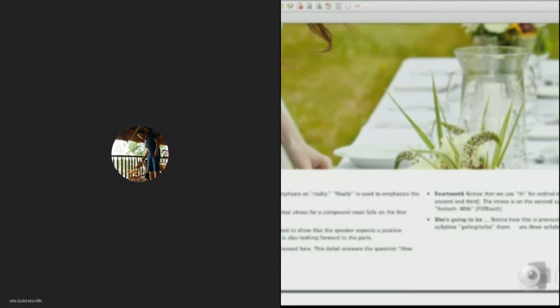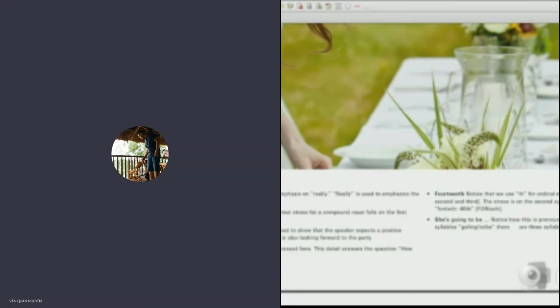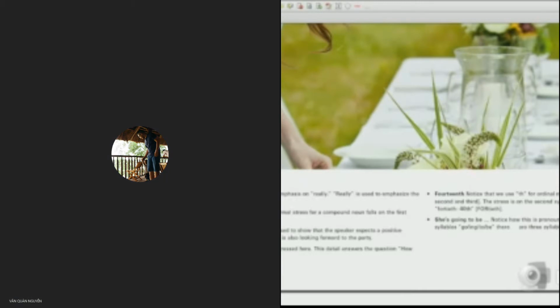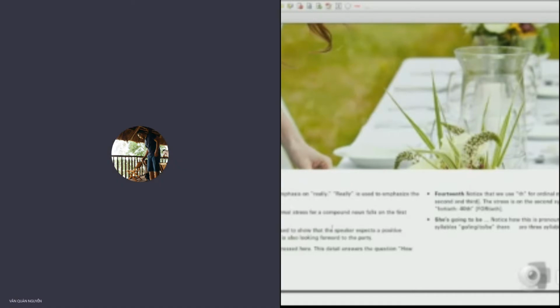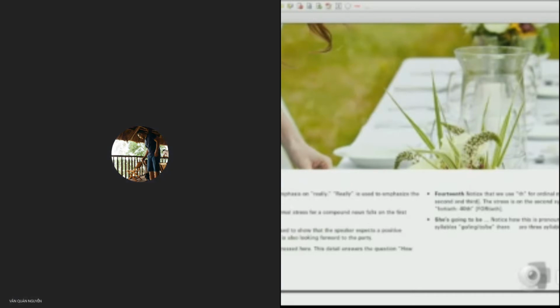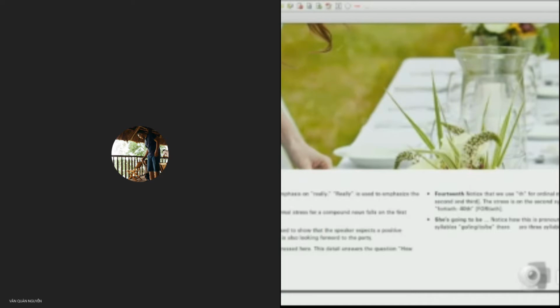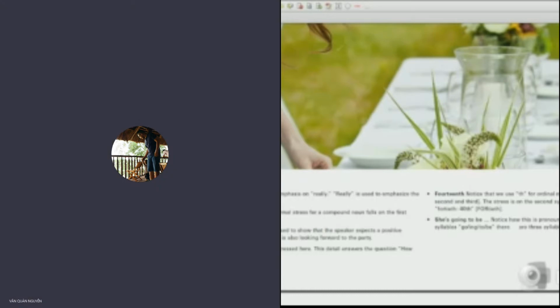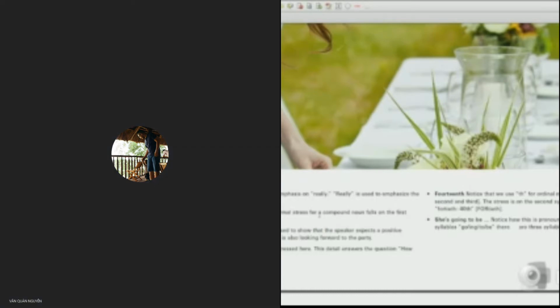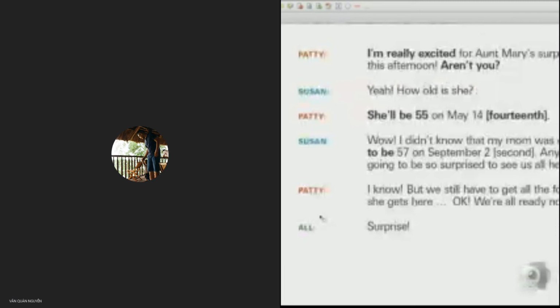Okay. Next, "aren't you?" The negative tag is used to show that the speaker expects a positive answer. So Patty assumes that Susan is also looking forward to the party. So let's go back to the dialogue first.